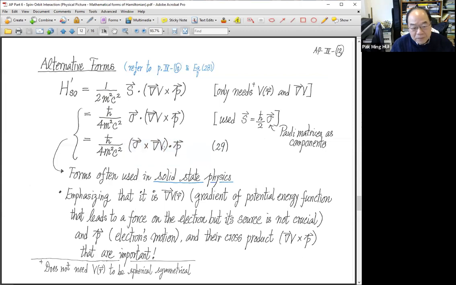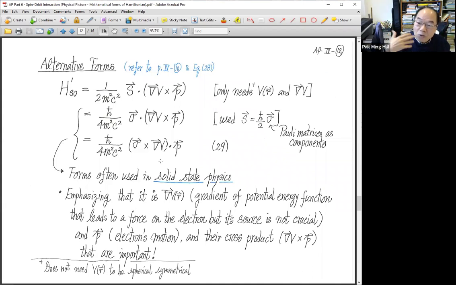Okay? So this kind of form is useful in solid state physics. Why? Here we do not use the central force, dV/dr. For the reason that in a solid, there are many atoms, and the electron is living in the potential energy profile provided not only by one atom, but by 10 to the 20-something atoms.